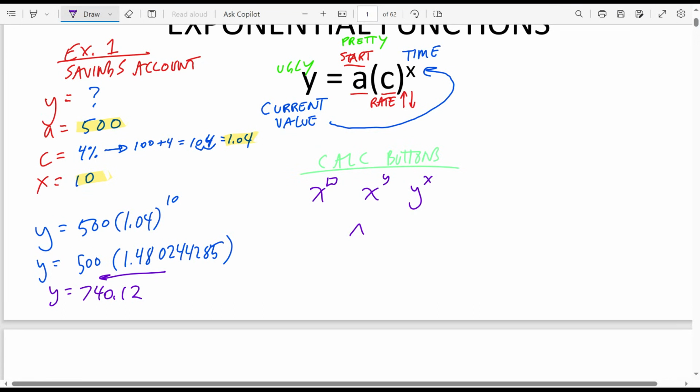I know the calculation's wrong. There's literally only 2 steps to it, and it's just easier. The reason why I say don't write this thing out in full is on my calculator, I would go 1.04 to the power of 10, take that answer and just multiply it by 500. I'm not going to rewrite this decimal out again because I might make a mistake.